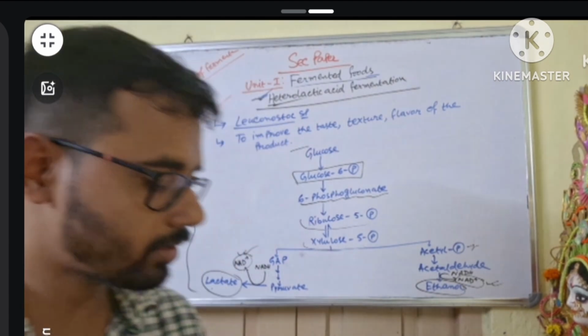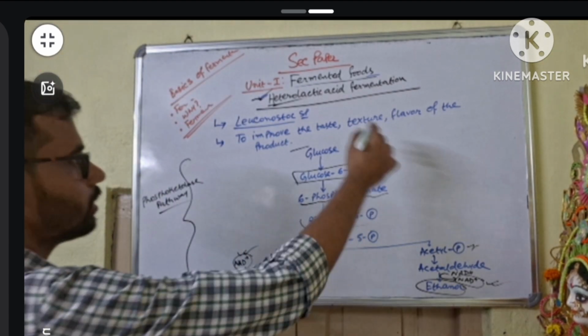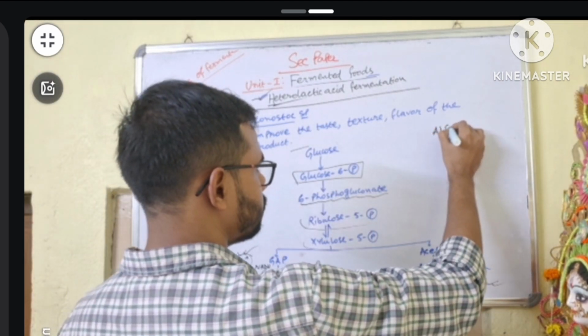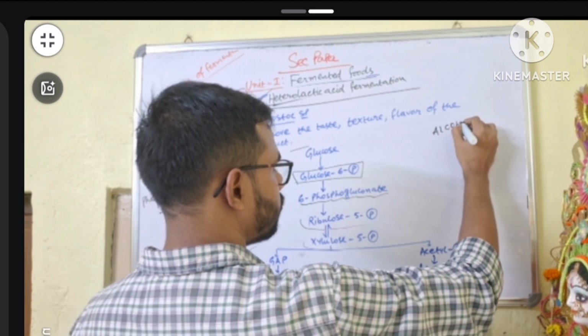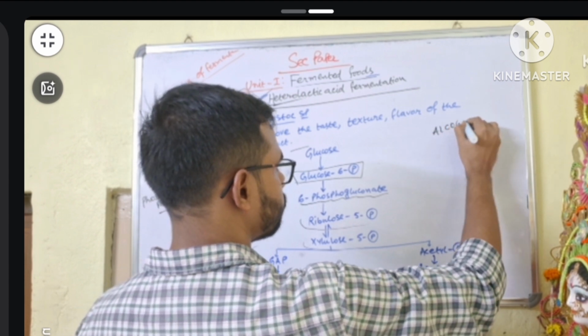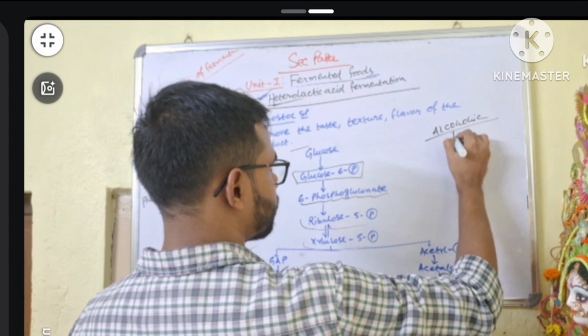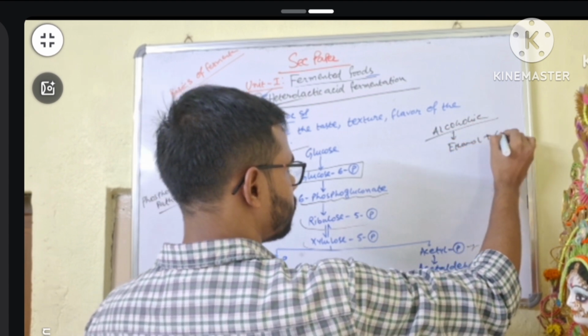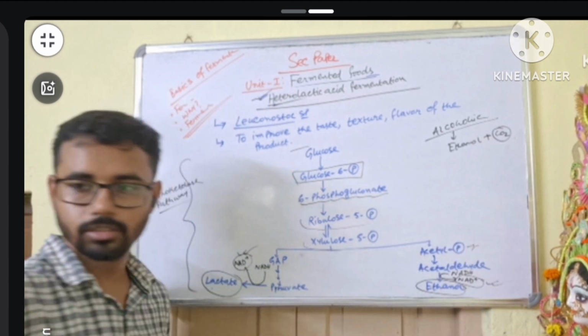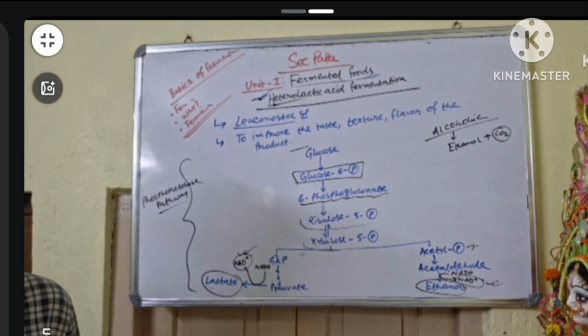Another statement is about the product during alcoholic fermentation. I think we forgot to read that, right? The alcoholic fermentation product is ethanol, but carbon dioxide, CO2, is also produced.